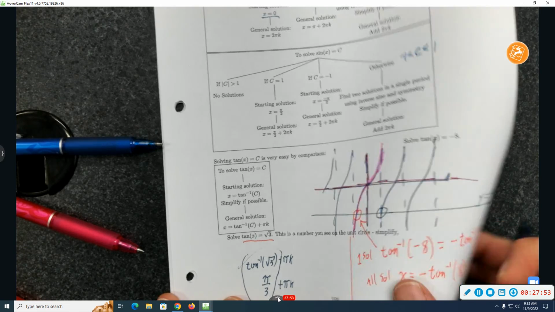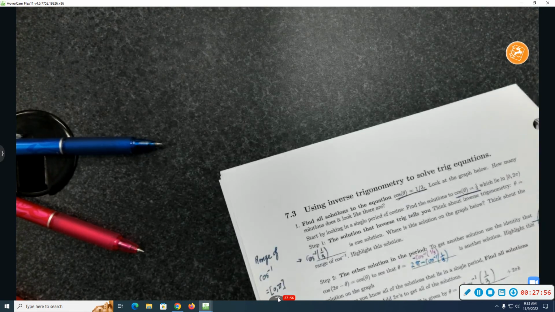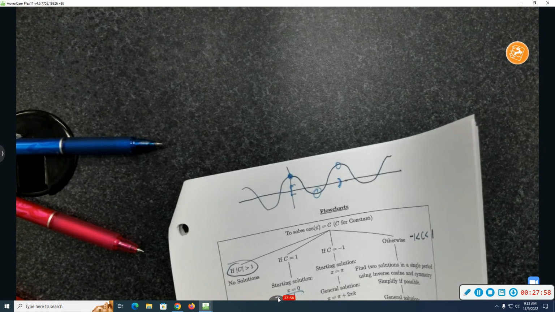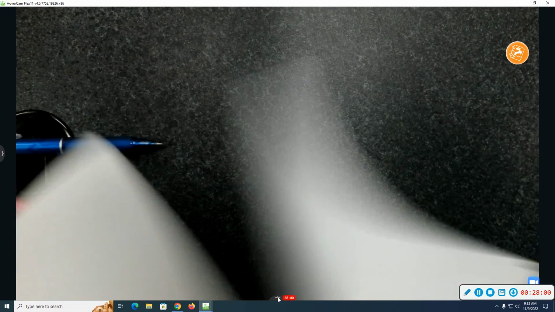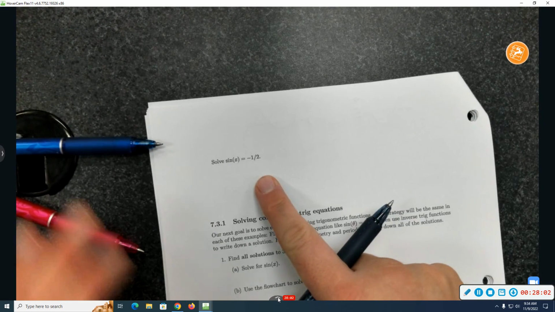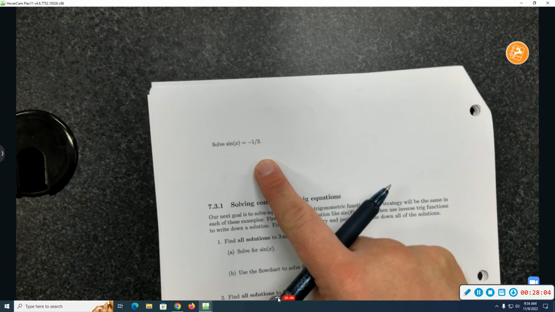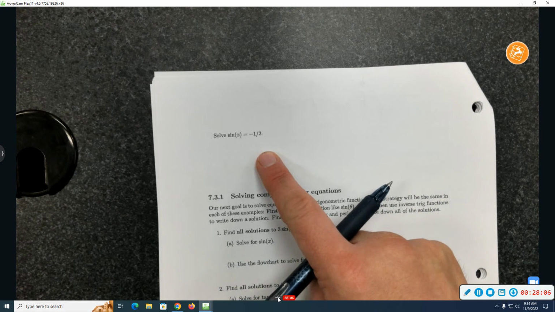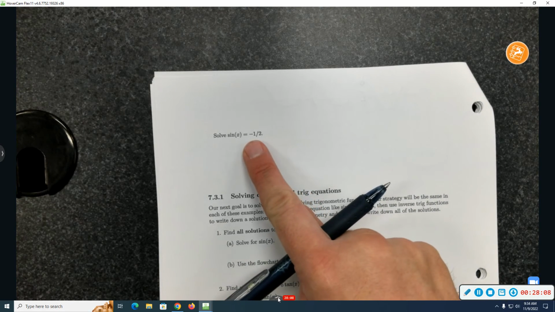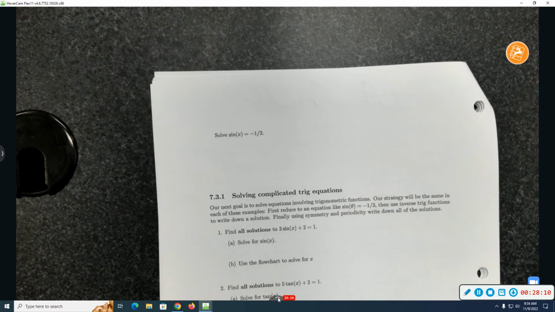Oh, yeah. We could spend time on this if we wanted to. Fully simplify again. Give me all of the solutions to sine of x equal to negative 1 over 2.